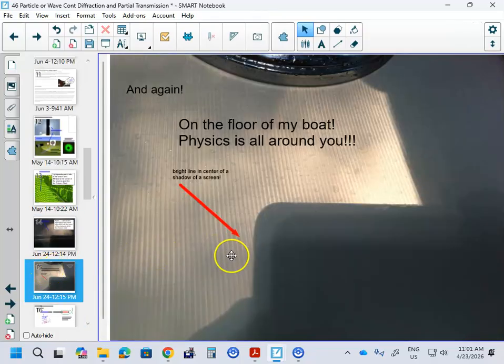This is on the floor of my boat, and there was a spot on the wakeboard tower that was shiny and a really bright point source of light, casting this image near sunset.